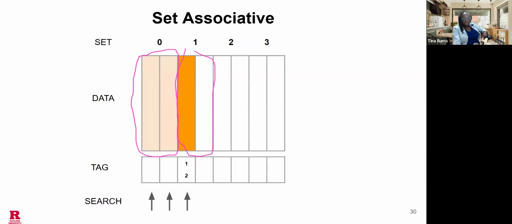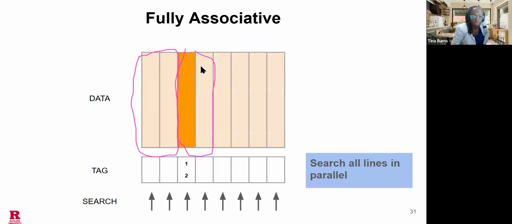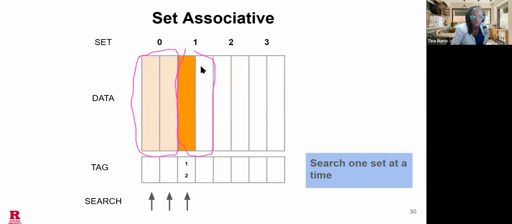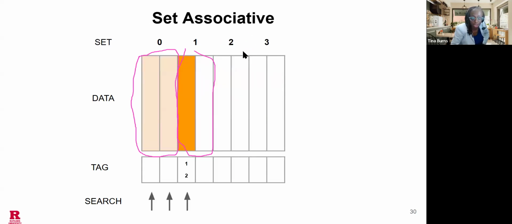And as I'm looking at that, for this one, you can search one set at a time. So if we go back to the original one, for our direct map, we are only searching one block at a time.